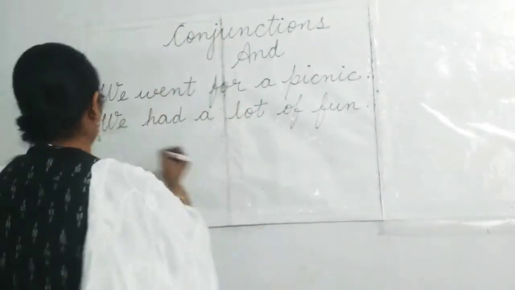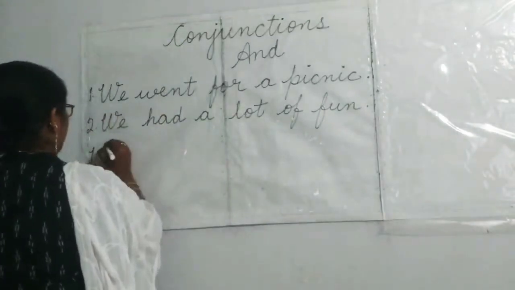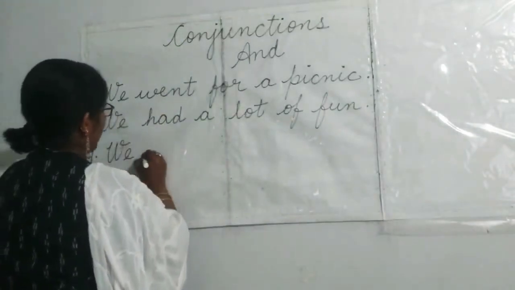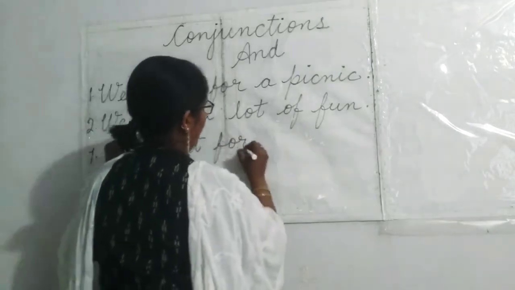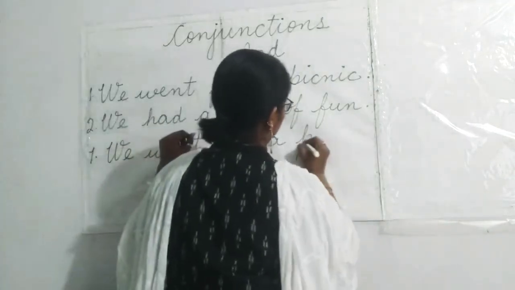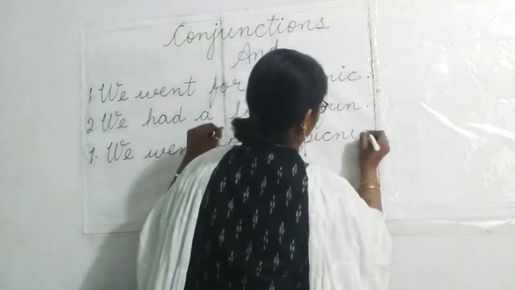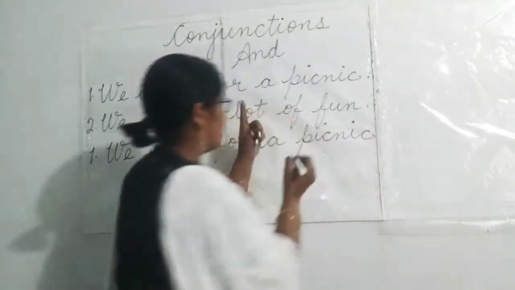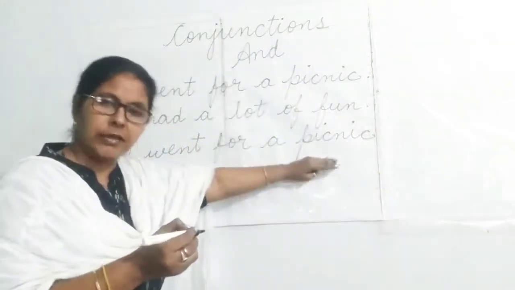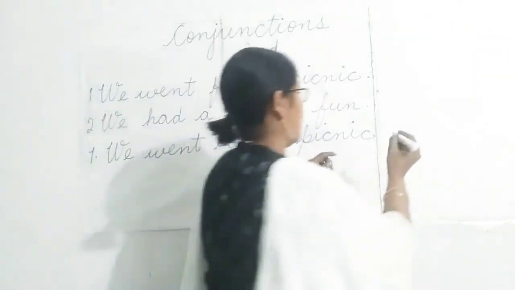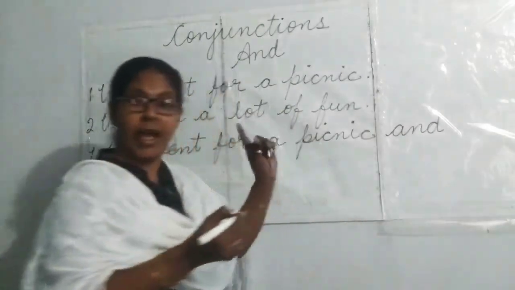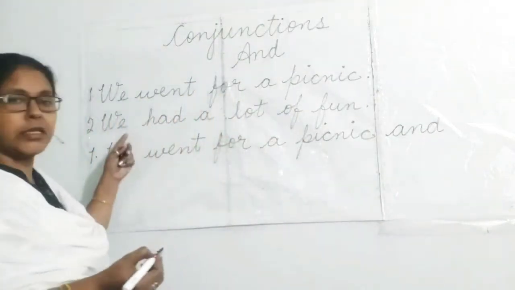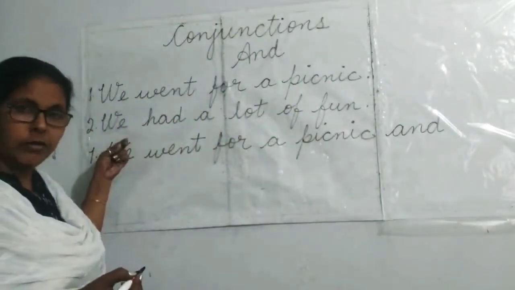Okay? First one, we went for a picnic. I have copied the first sentence exactly the same way here. Now I am going to put here and. After and, you see the second sentence is starting with we again.